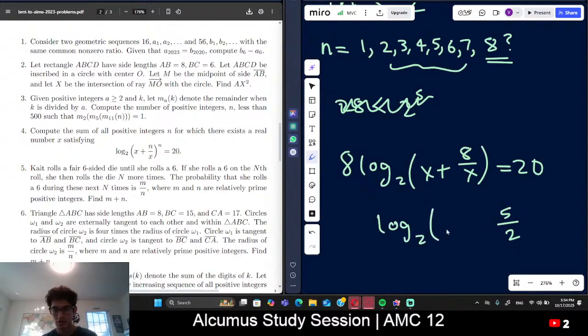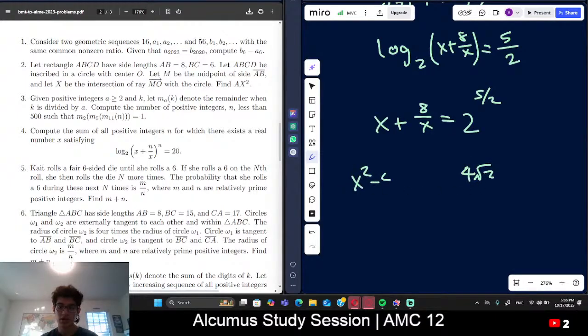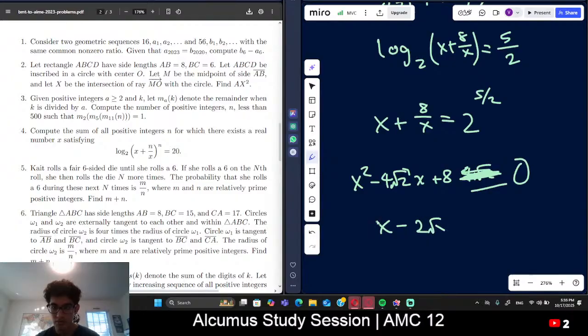Log of x plus 8 over x base 2. So now we do 2 to both powers, is equal to this. So x plus 8 over x is equal to 2 to the 5 halves. 2 to the 5 halves is nothing but 4 root 2. So we have x squared minus 4 root 2 x plus 8 equals 0, which is x minus 2 root 2 squared, perfectly.